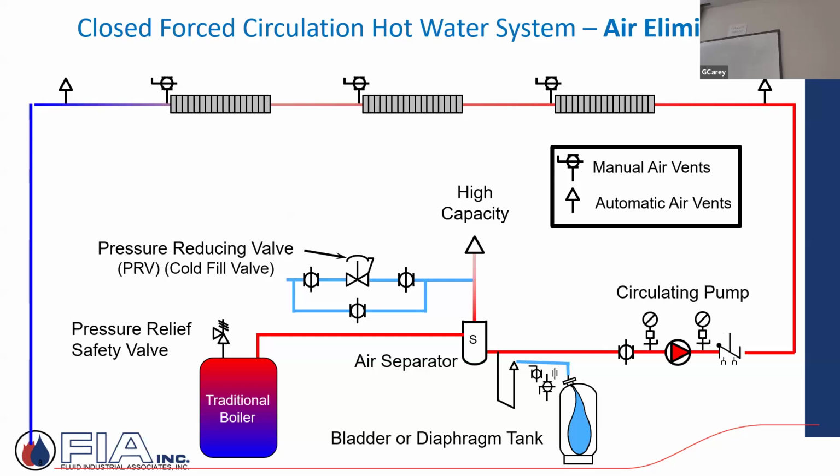But on our main air separator, we're also going to have some type of high capacity automatic vent to get rid of that air, because this system was then referred to as air elimination. Any air that came out of solution because of the boiler heating the water, we'd want to catch it and get rid of it, eliminate it. So that's that system. Very simple drawing, but that's the system you guys are going to be working with, designing, specifying, etc.